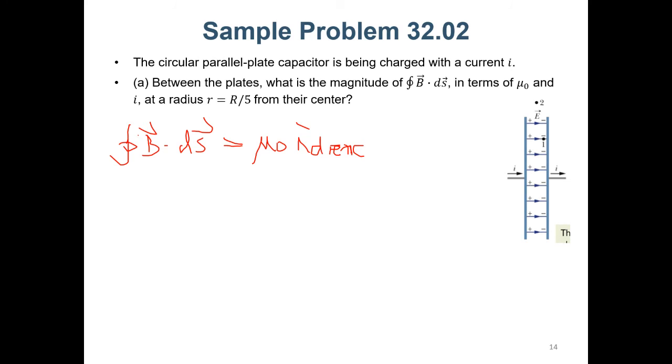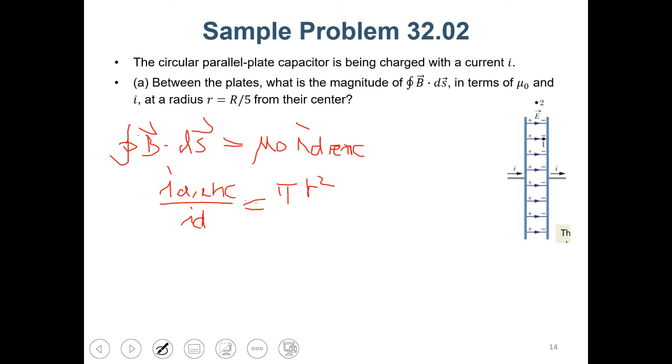And ID enclosed inside the capacitor over ID should have the same ratio as the area.